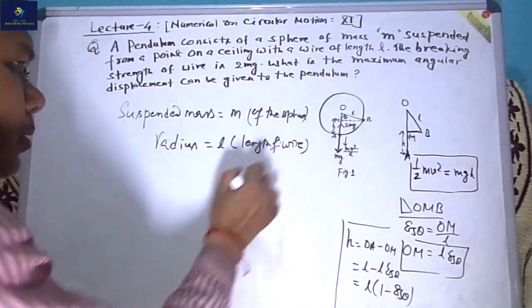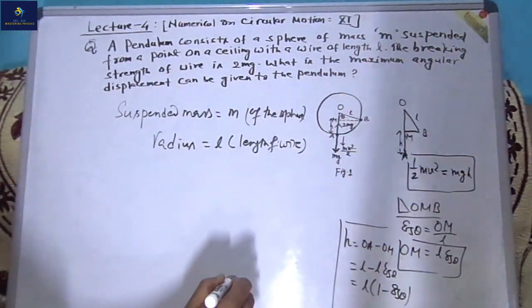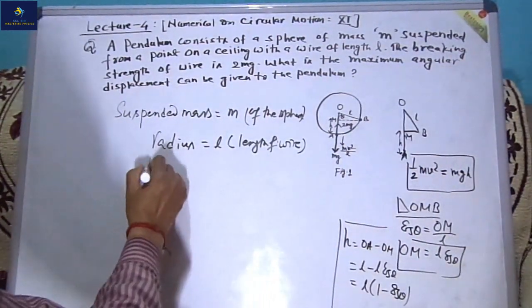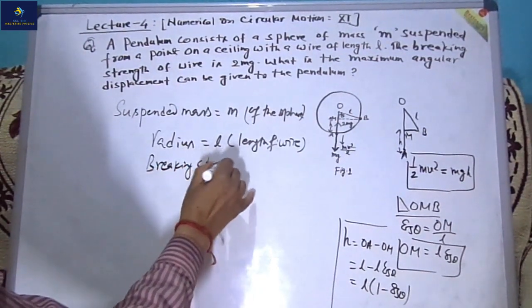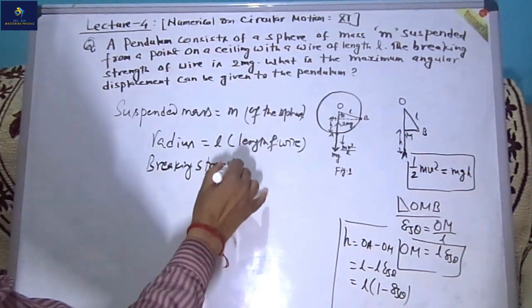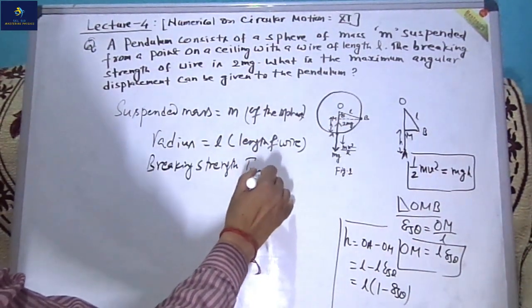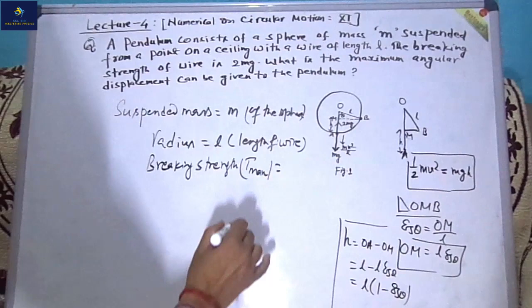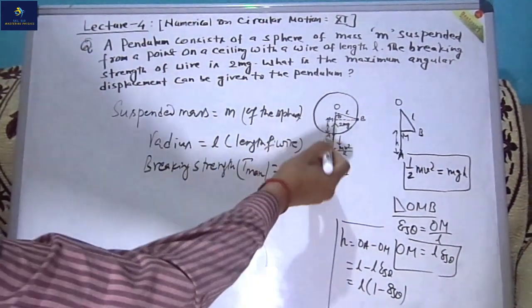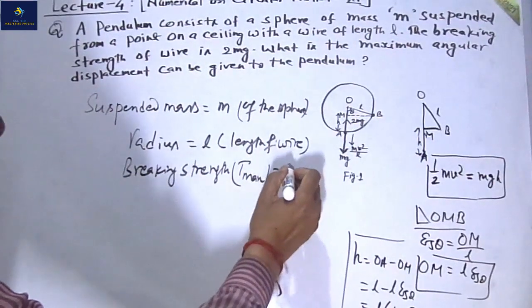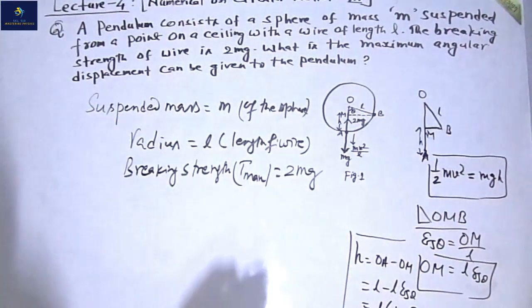Maximum tension means breaking strength. Breaking strength is given in the question, and this breaking strength is equal to T max, and T max is at the lowest position A. It is clear, at the position A. This value is given in the question, that is 2 mg.